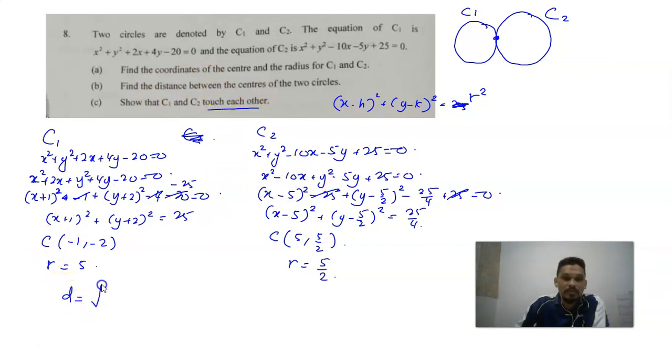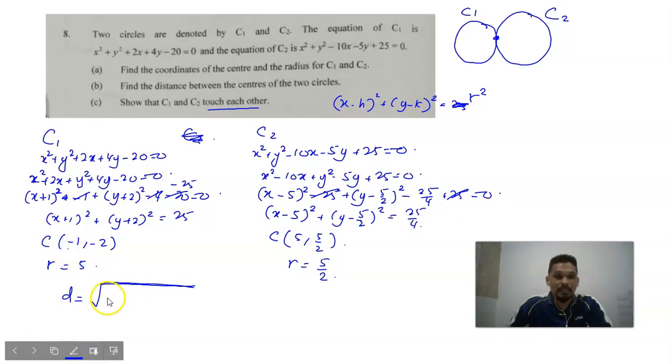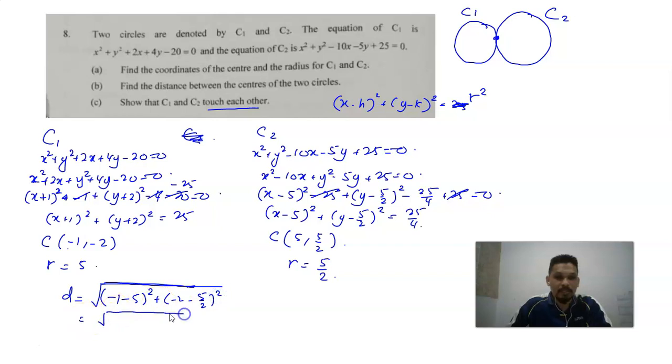So let's recall the distance formula. d equals square root of (negative 1 minus 5) squared plus (negative 2 minus 5 over 2) squared. Okay, so negative 1 minus 5 is negative 6, and negative 6 squared equals 36. Then negative 2 minus 5 over 2: 2 times 2 equals 4, negative 4 over 2 minus 5 over 2, then negative 9 over 2.